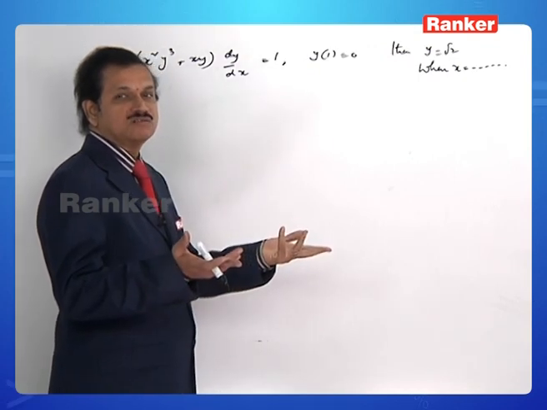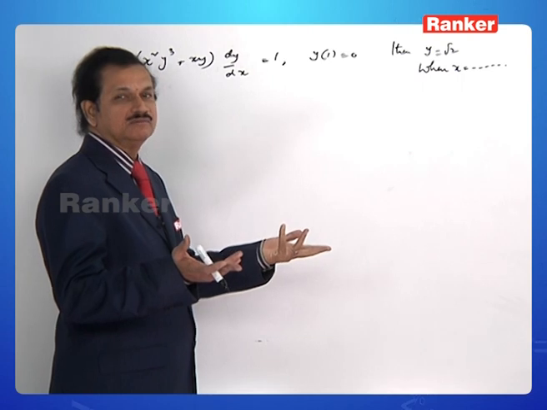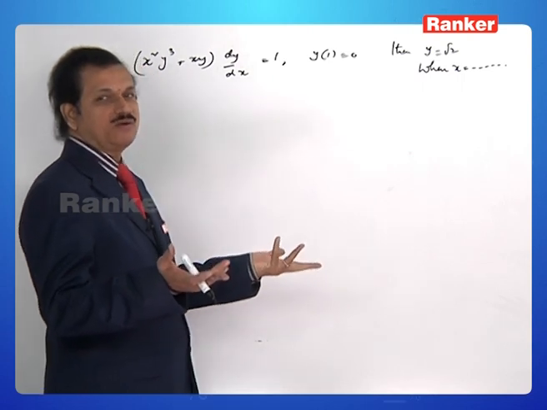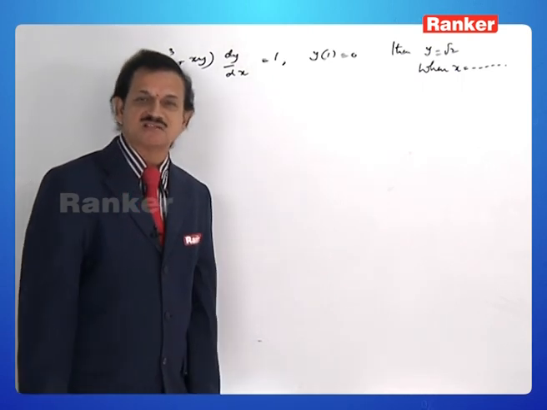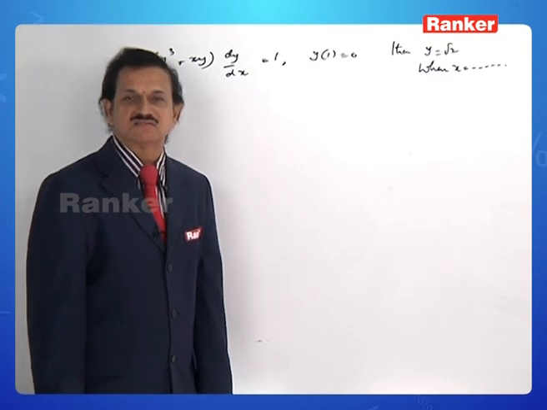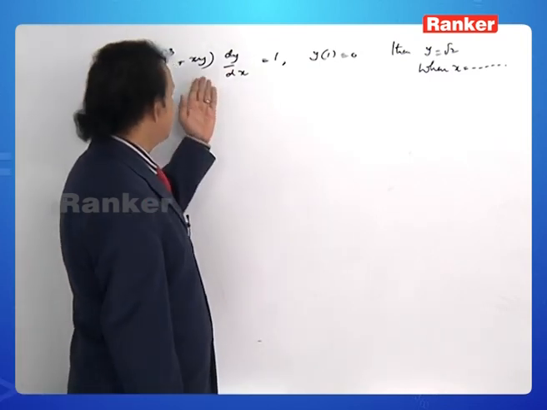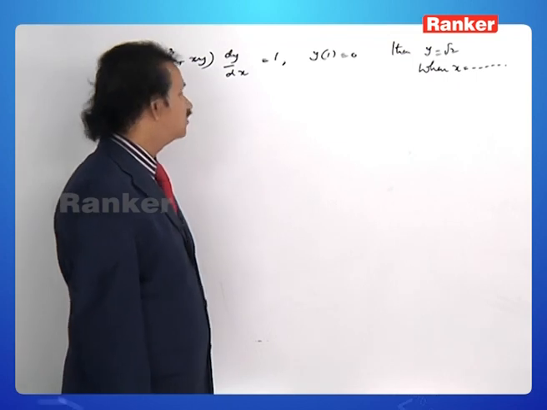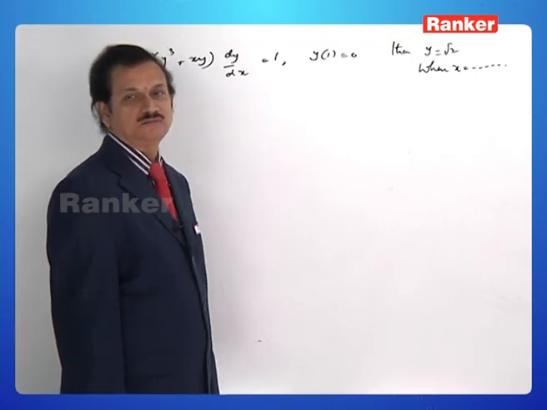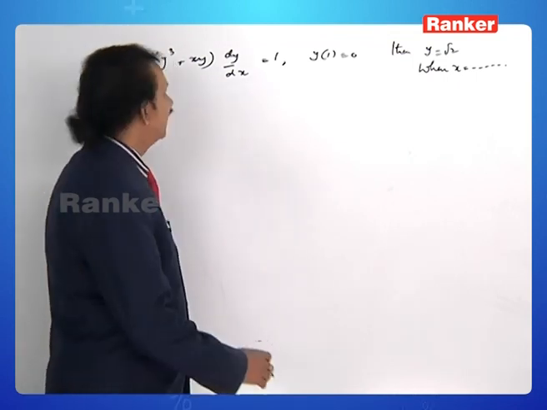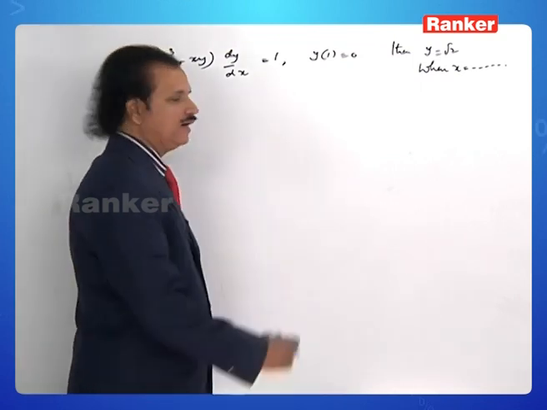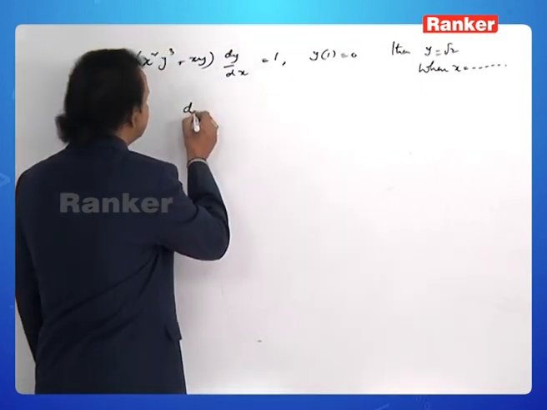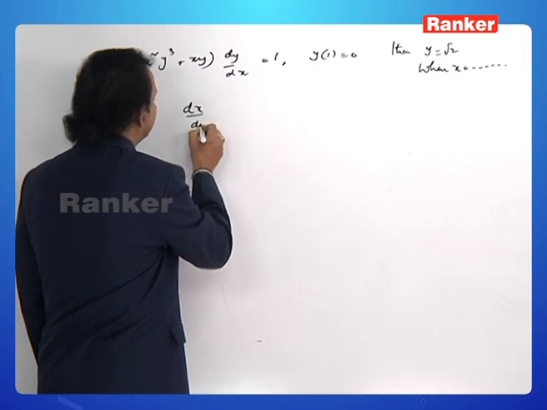From which we cannot get any help. It cannot be thrown into any type of standard model, isn't it? It's useless. If you have dy by dx directly, it is 1 by x square y cube plus xy. So no use. So I would like to find dx by dy. From this, what is dx by dy?